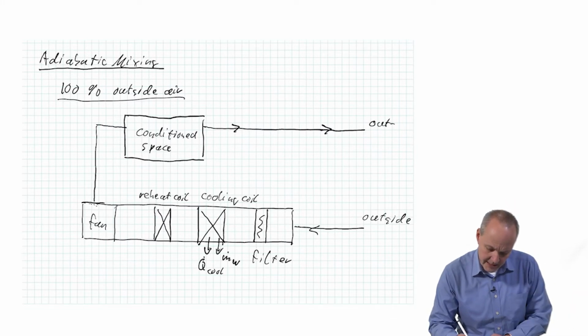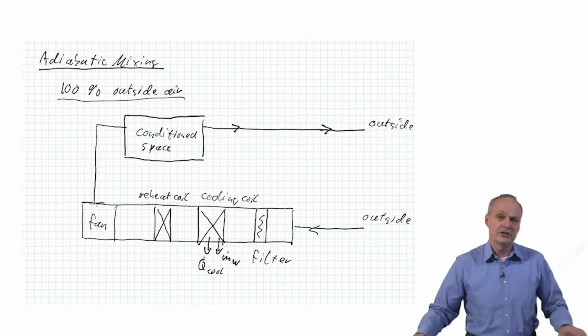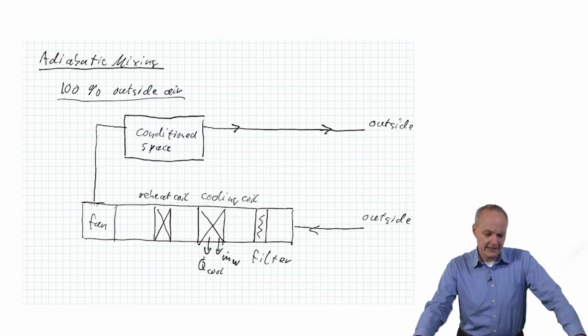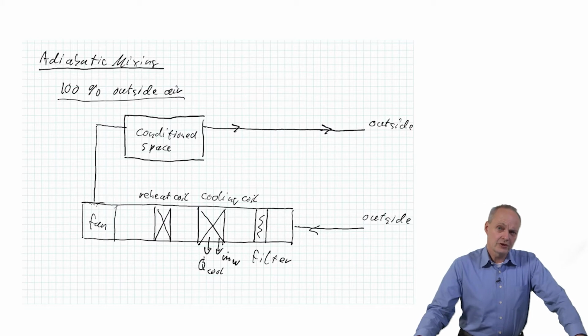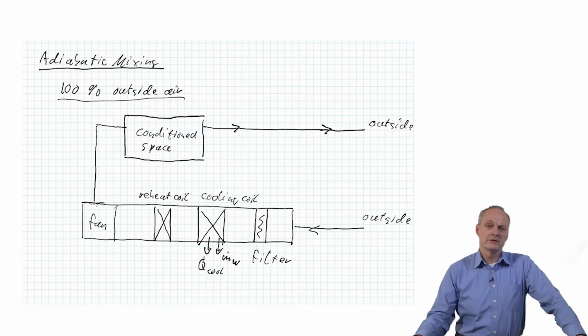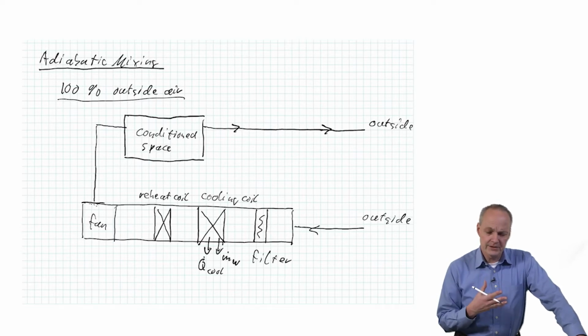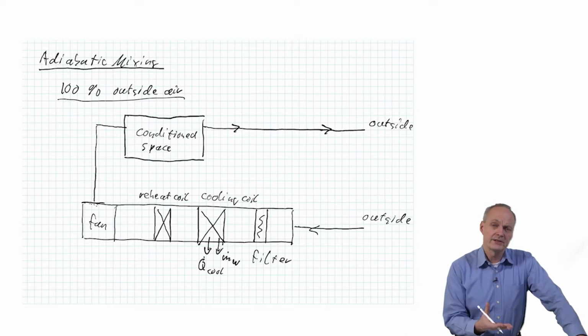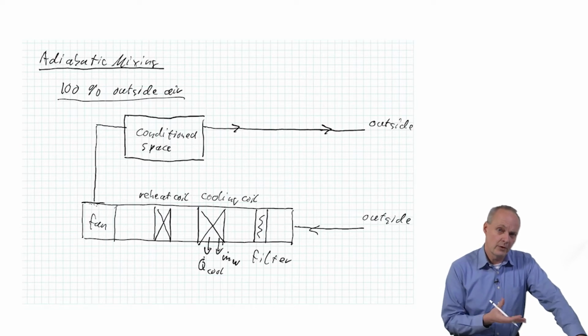So that may seem like a waste of energy to you, and you are absolutely correct. But unfortunately, there are situations where you need to have 100% outside air because it's required by code. And this is, for instance, 100% outside air is a situation that you will use in laboratory buildings like the renovated mechanical engineering building where we have our lectures.